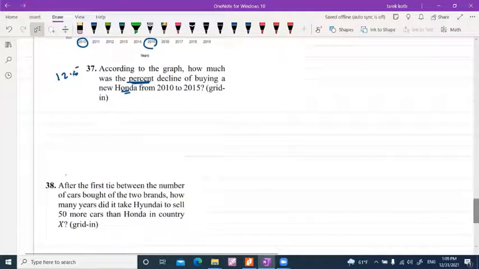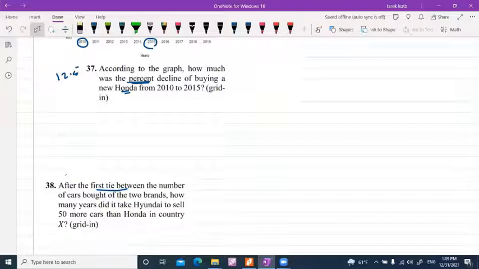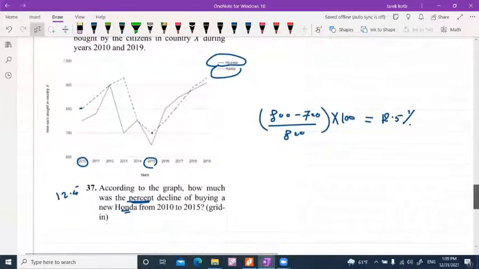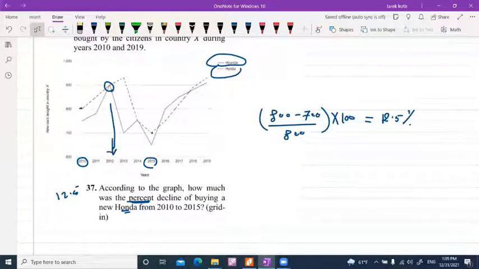And 38, after the first tie between the number of cars bought of the two brands, how many years did it take Hyundai to sell 50 more cars than Honda? Go back to the grid. This is the first tie. Okay, it was at 2012. How many years passed until the Honda rises 550?